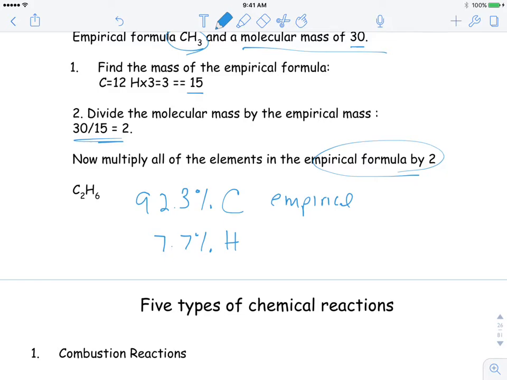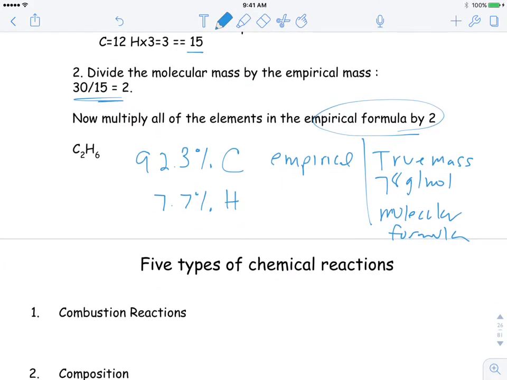And then let's say that in a separate problem, you have a true mass of 78 grams per mole. So tell me what the molecular formula is. And then impress me, name it, and see if you know what that is. Some of you might know what it is based on some of the organic chemistry that you've done.